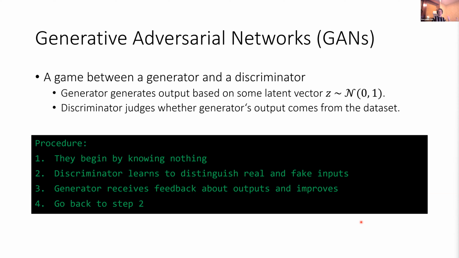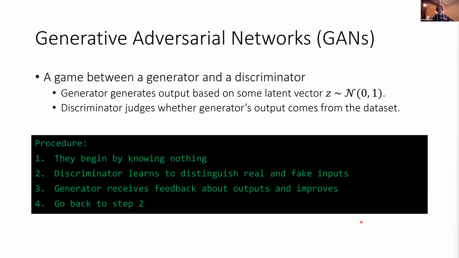The generator generates output based on some latent vector, which is usually sampled from a normal distribution, but that's not really important. While the discriminator judges whether the generator's output comes from the data set, or whether it was generated. So the discriminator has to judge whether the data that the generator outputted is real enough.